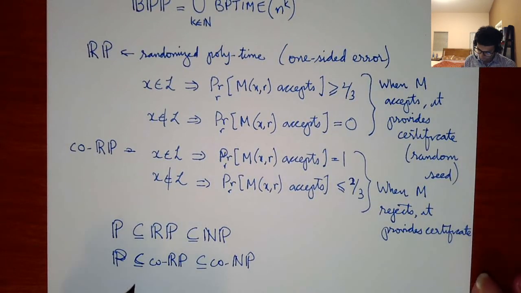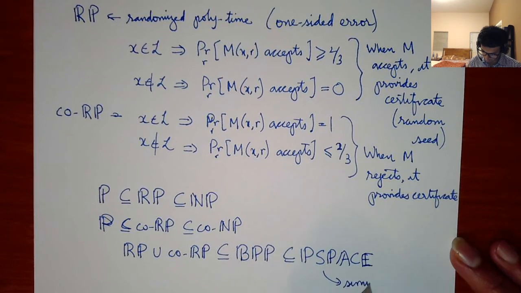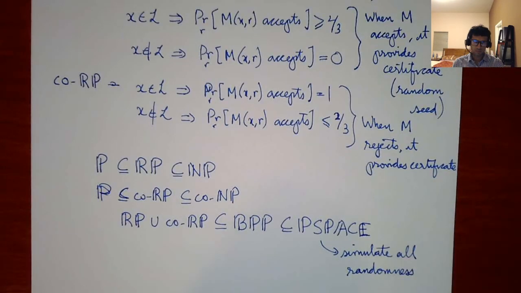And indeed, RP union co-RP is contained in BPP. And clearly BPP is contained in PSPACE, because in polynomial space, you can just simulate all the randomness.